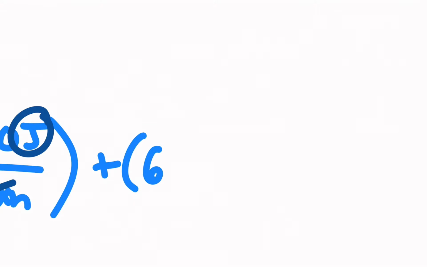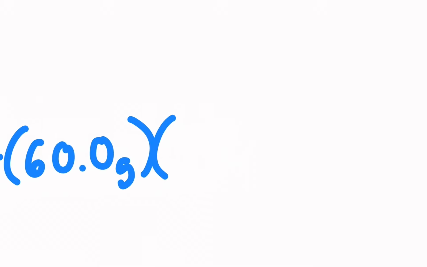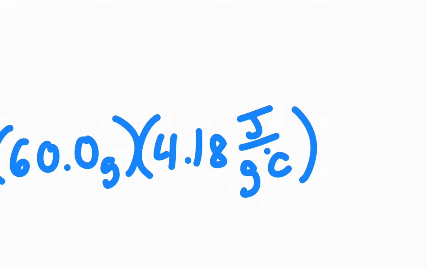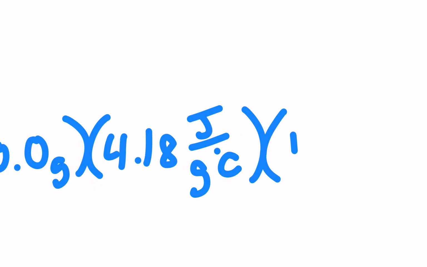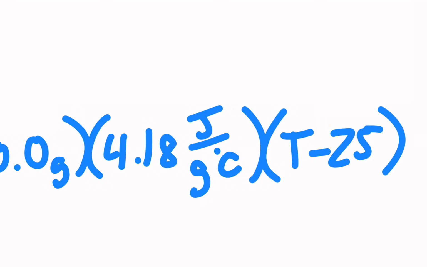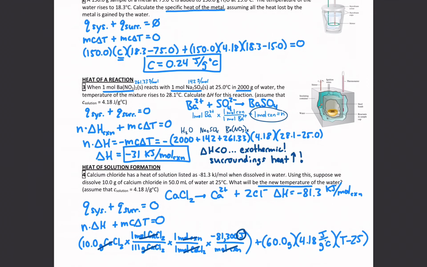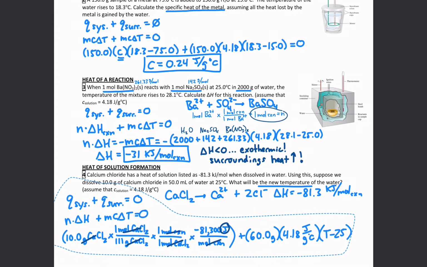So that's become 60 grams times the specific heat of the solution, 4.18 joules per gram degree Celsius. And then the delta T is final unknown minus initial 25. And that whole thing, that entire term that we just wrote there, is what I have to set equal to 0.